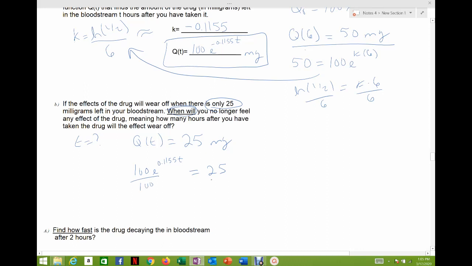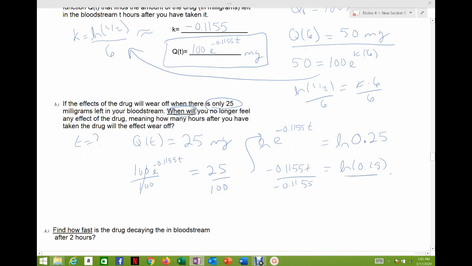So again, solve like we've been doing before, isolate the e. On this side, I'm left with e to the, and I forgot my negative, negative 0.1155 times time equals 25 divided by 100, which I can write as a nice decimal, 0.25. Take the natural log, and so I get negative 0.1155 times time equals the natural log of 0.25.